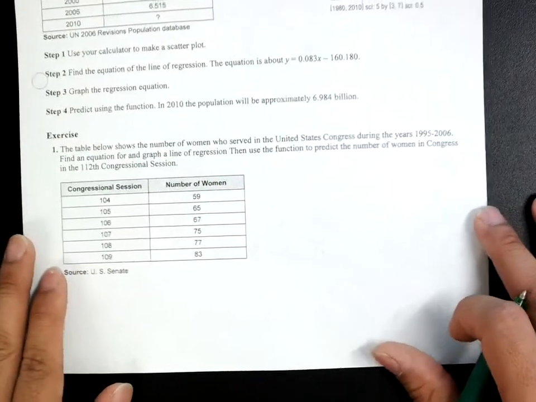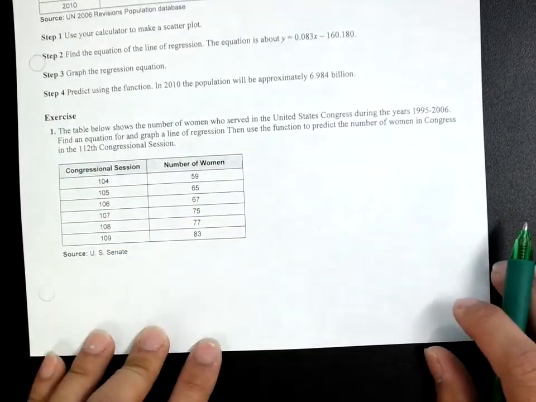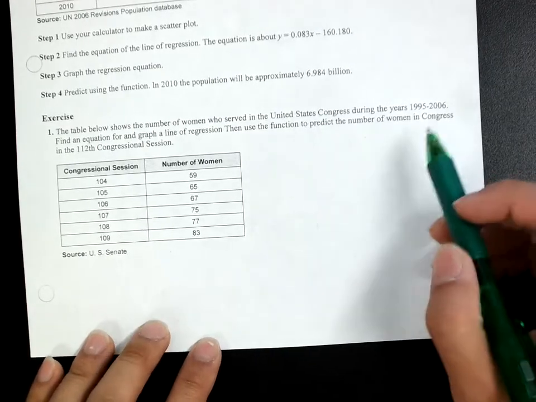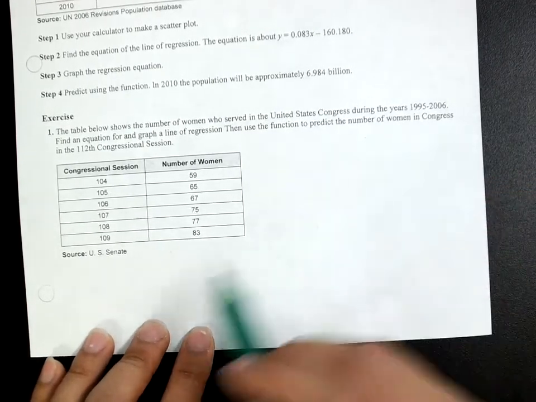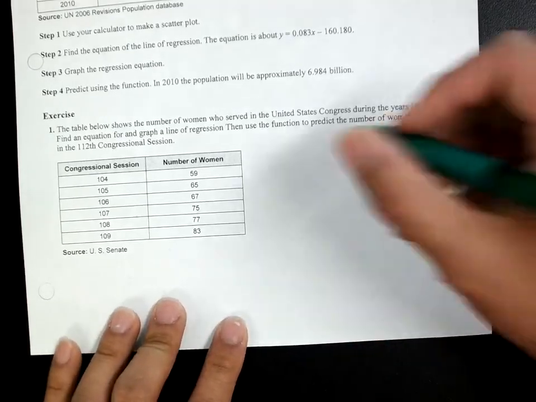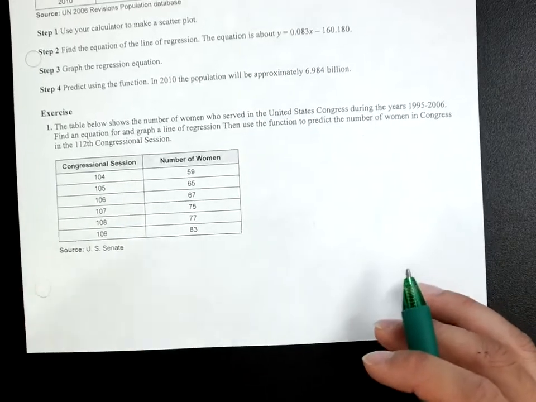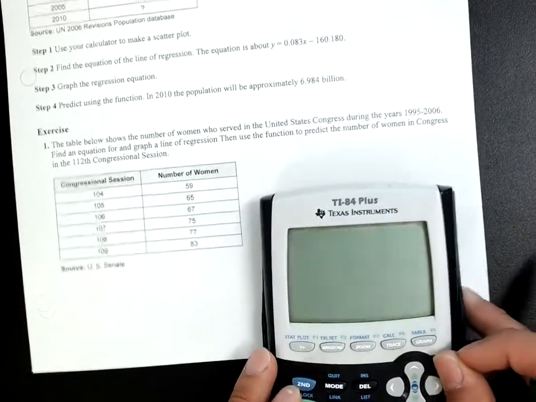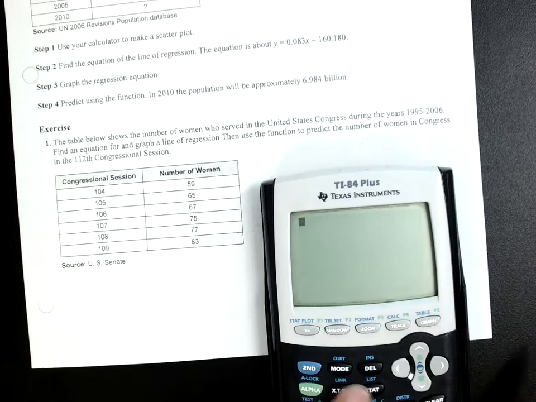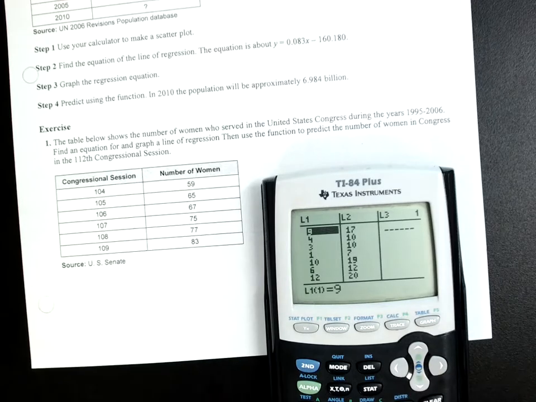Okay. On the back, it asks us to predict the 112th Congress. So to do our prediction, we need to do a line of regression. So again, go to Stat, Edit, and plug in all those points.